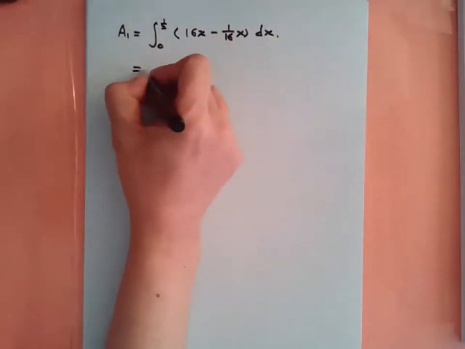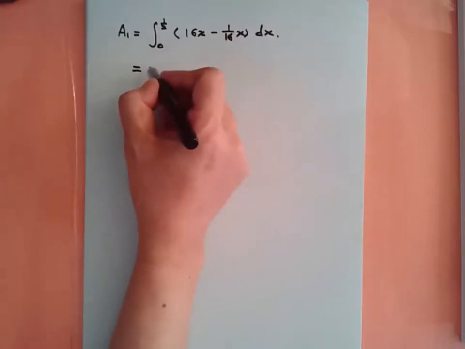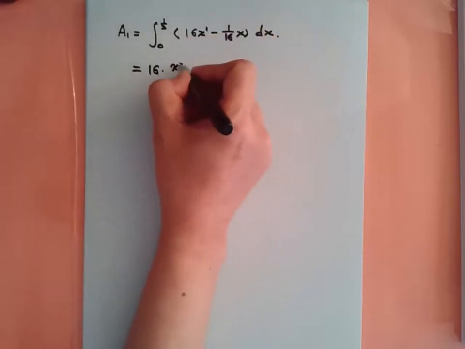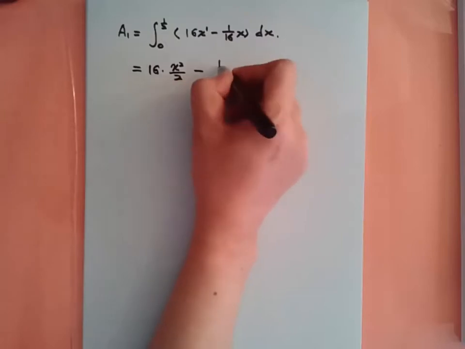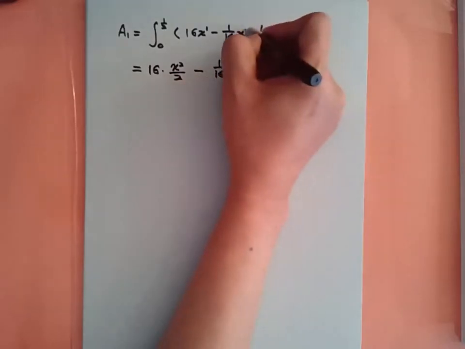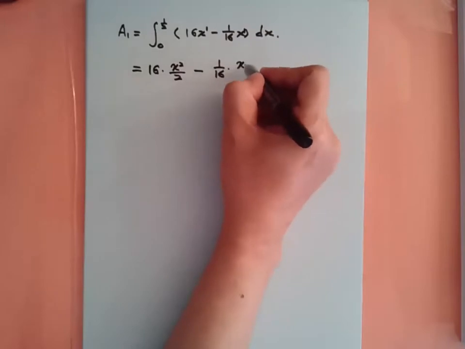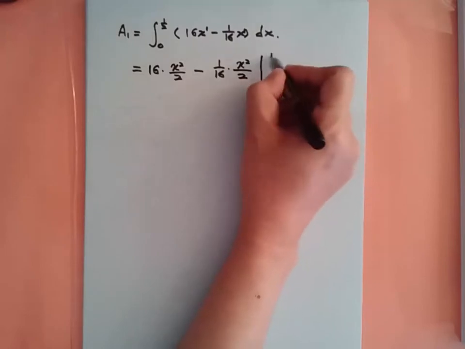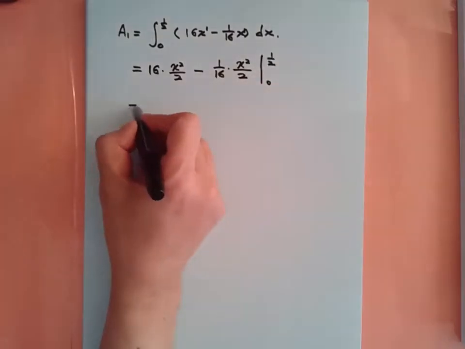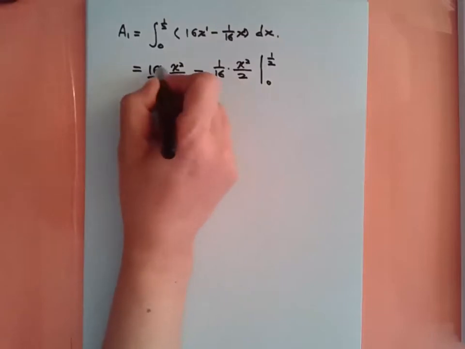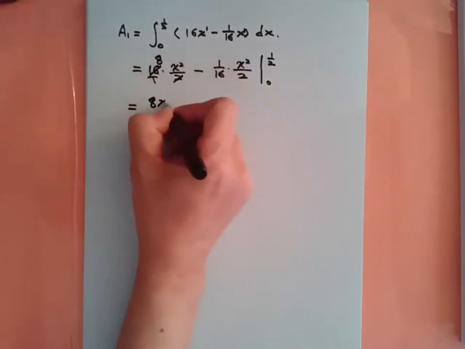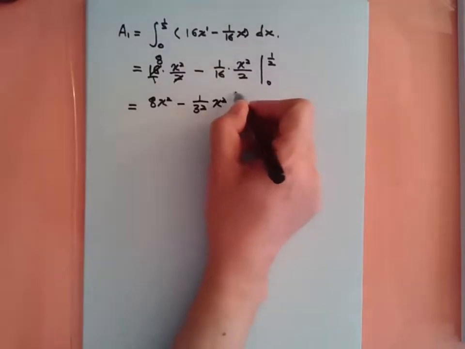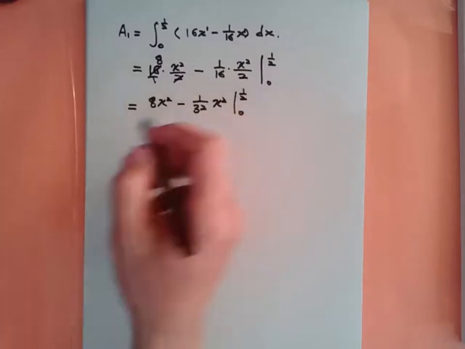And then we do term by term integration. So 16 times x to the 1 power, so x squared over 2, minus 1 over 16 times x to the 1 power, which is x squared over 2, from 0 to 1 over 2. So this is 8x squared minus 1 over 32 x squared from 0 to 1 over 2.